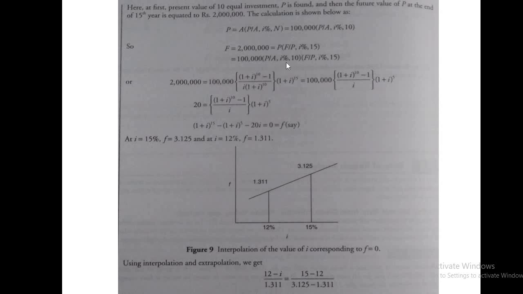These brackets are called factors, and we have already gone through such brackets. We just write down these brackets or factors, and it will appear like this.